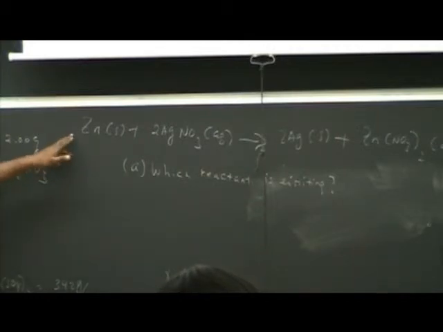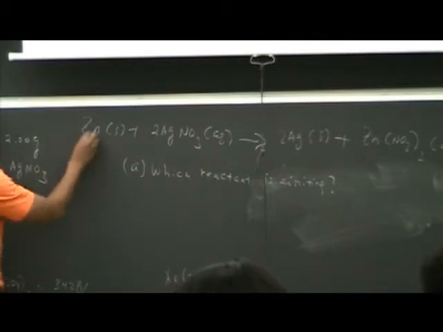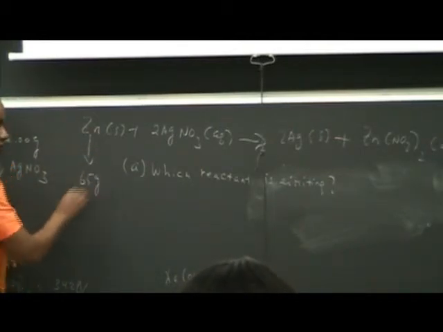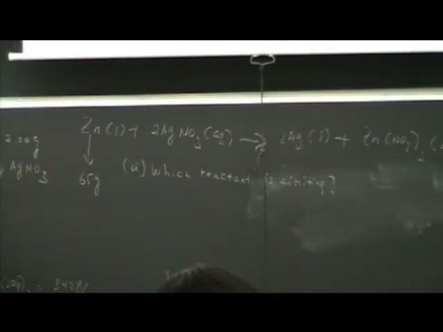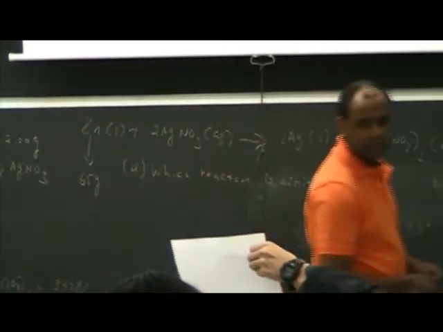What is the molar mass of zinc? 65 grams, from the periodic table. What is the molar mass of silver nitrate?